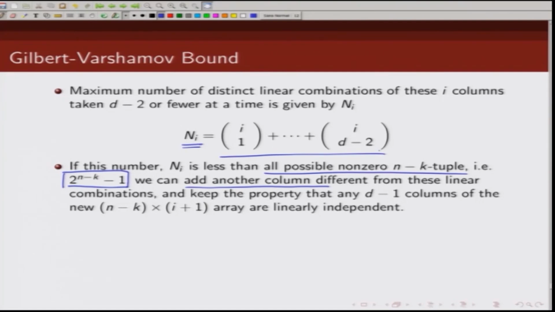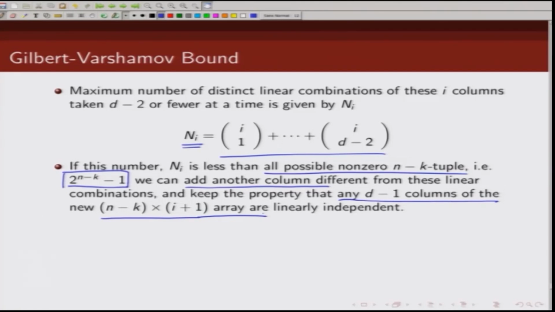And this will keep the property that any d minus 1 columns of this newly constructed H matrix, where we are adding this column, would not add up to 0. So, this new n minus k cross i plus 1 matrix will be linearly independent.